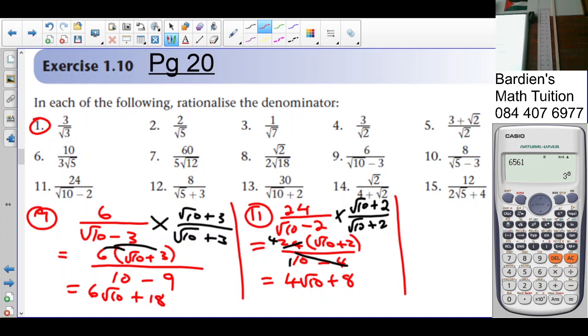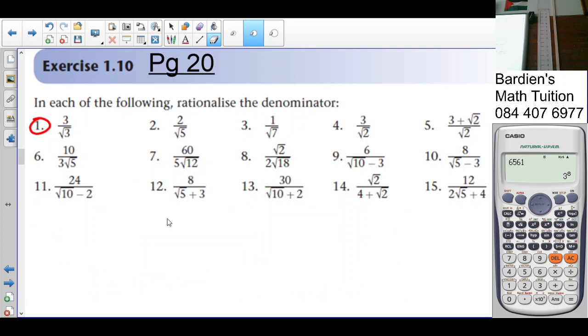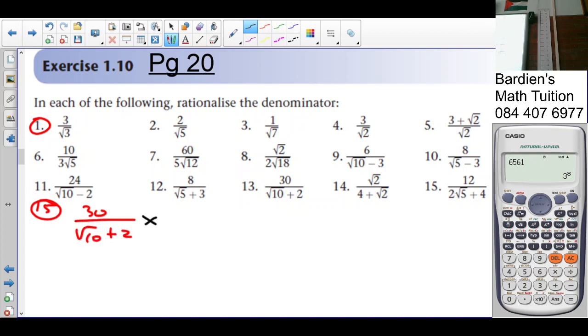Okay, any confusion at this point? No? Uh, 13 we just did, so 15 is the last one. No, we didn't do 30. So it's going to be 30 over root 10 plus 2. So this must be multiplied by root 10 minus 2.